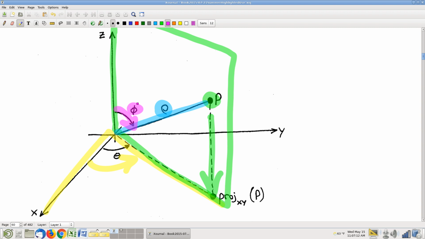Quick observation, notice how nice it is to write the equation of a sphere in spherical coordinates. Rho equals c. Right? So that's pretty cool. So one of the nice advantages of spherical coordinates. Everybody on board? We'll talk in a minute about how to convert back between spherical and rectangular.